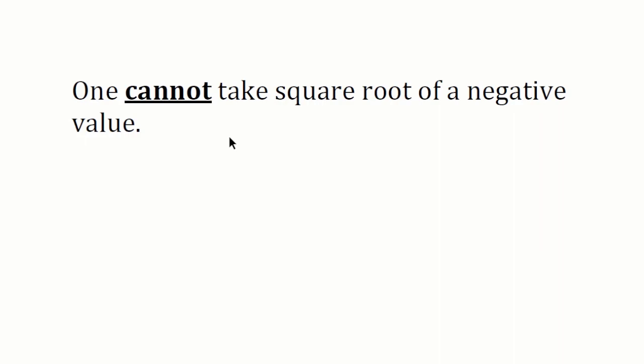Keep in mind, I brought in that additional little problem about taking the square root of 0. That's still consistent with this fact, because 0 is not considered a negative value. And so we were still able to take the square root of 0 just fine. So again, the highlight here is that one cannot take the square root of a negative value.